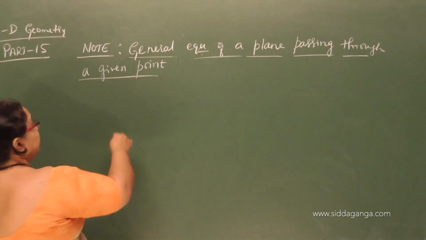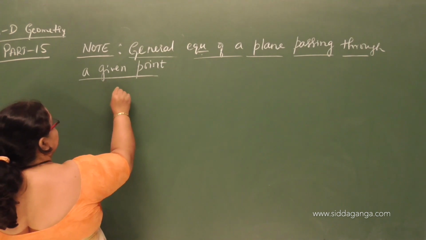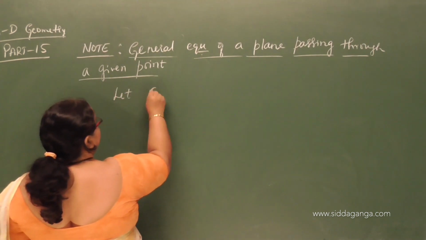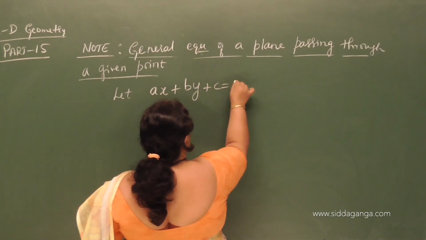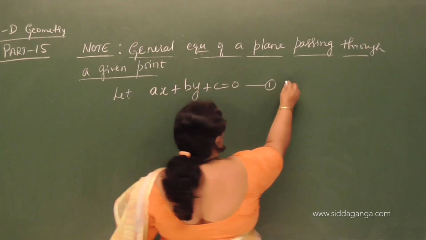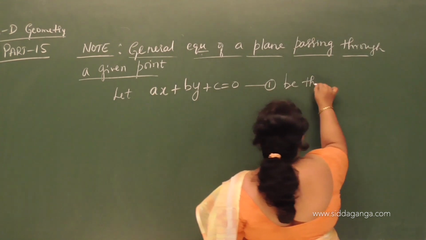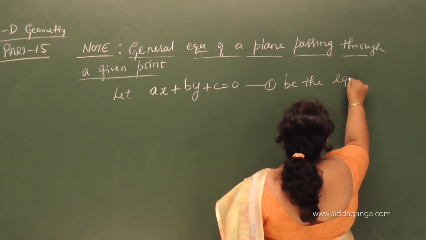Here we know the general equation. Let ax plus by plus cz plus d equal to 0, equation 1, be the equation of the plane.